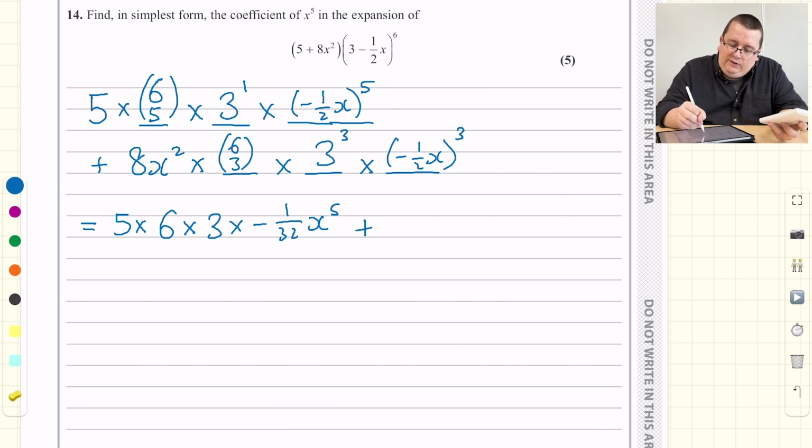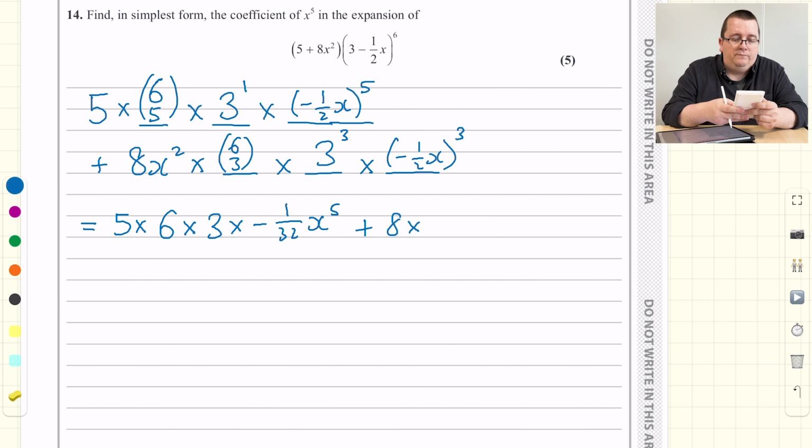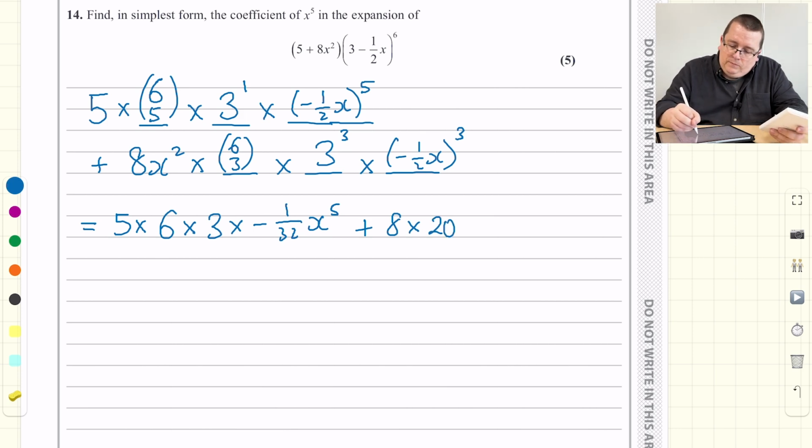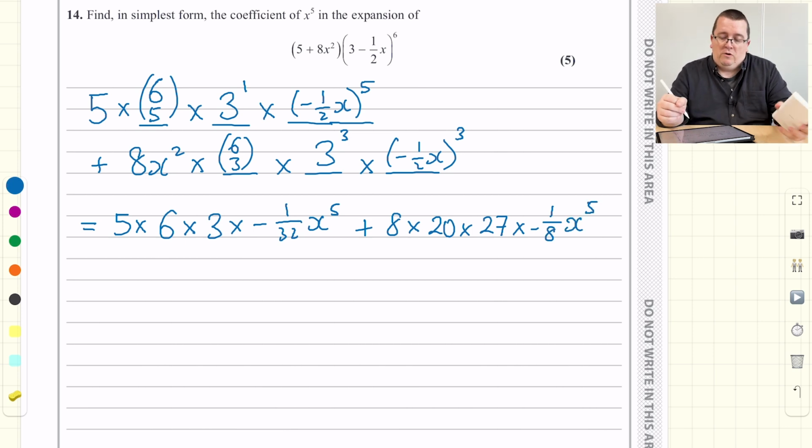Then we have 8 times by 6 choose 3, which is 20, times by 3 cubed, which is 27, times by minus 1/2 cubed, which is minus 1/8, and that's going to be x to the 5, because you've got the x squared times the x cubed, right?